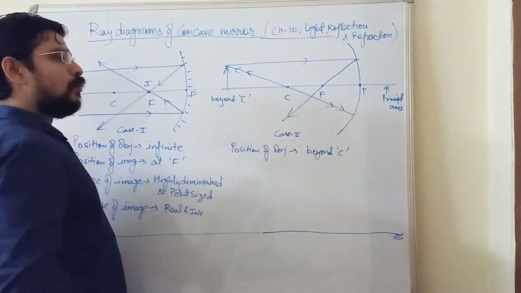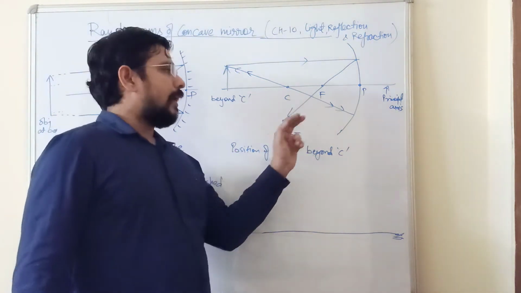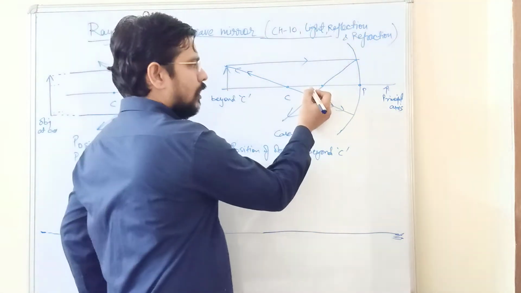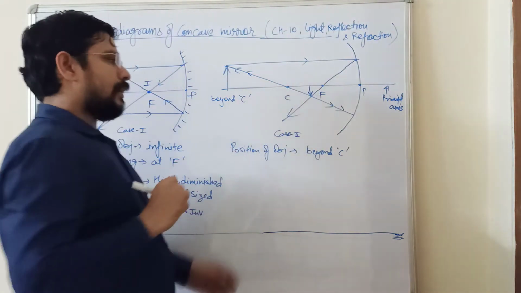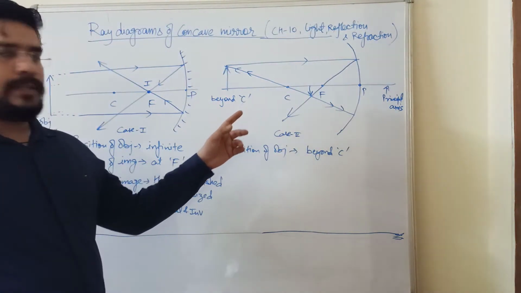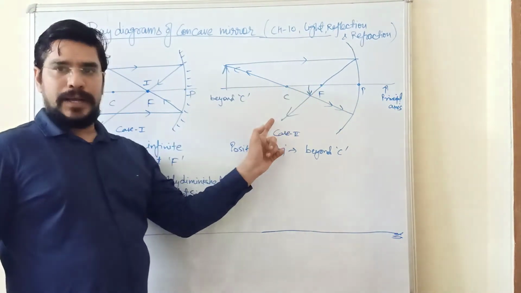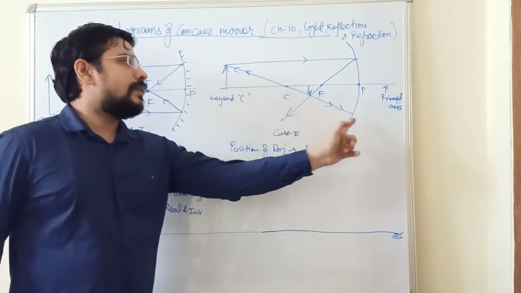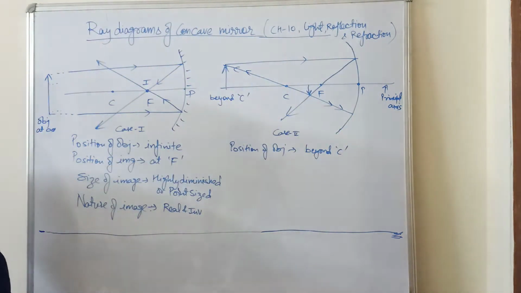While following this rule, the chances of error are minimized, and you will always get your good image between center of curvature and focus. Okay, so ray of light is coming parallel, passing through focus, and ray of light is coming through center of curvature and retraces back.